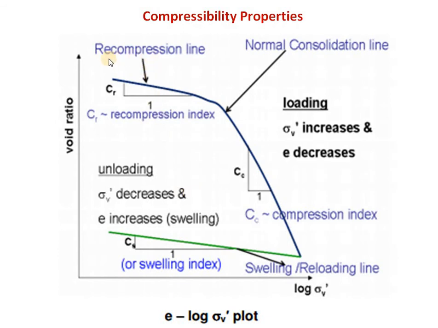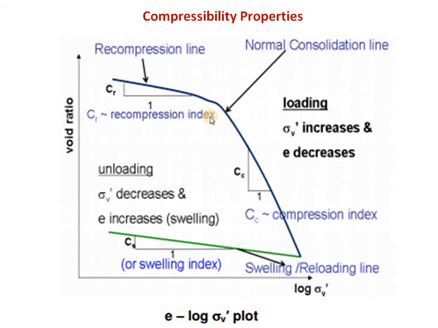This is given by the graph plotted between void ratio e and log sigma v dash, which is the effective vertical stress. So when you are having the loading, the curve will be the initial curve, initial consolidation, and its Cr value will be the recompression index.